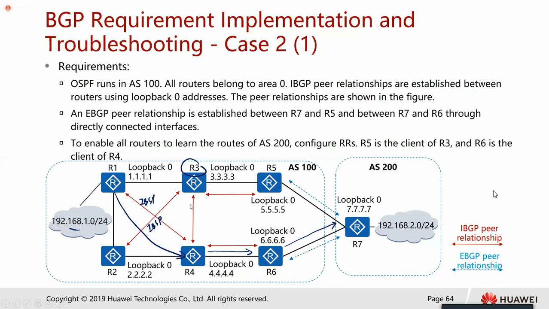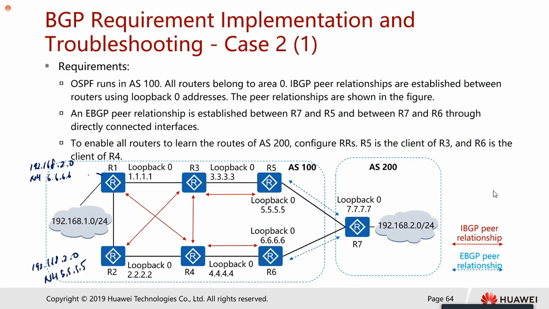Right now R1 learns about 192.168.2.0 with next hop 6.6.6.6, and R2 learns 192.168.2.0 with next hop 5.5.5.5. When I want to go to 6.6.6.6, by right this should be my path.